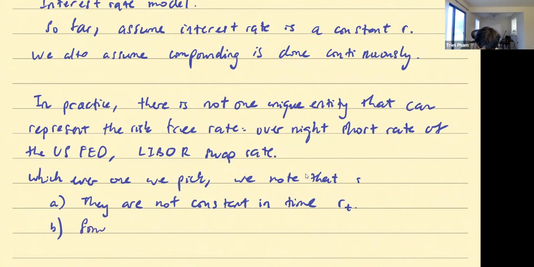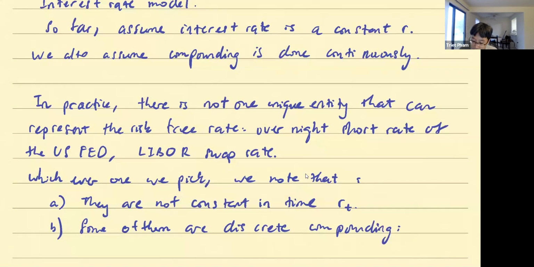Some of them are discrete compounding. For example, with the LIBOR swap rate, you enter the rate for a duration of, say, a week or a month, and you get the rate fixed for that whole period.